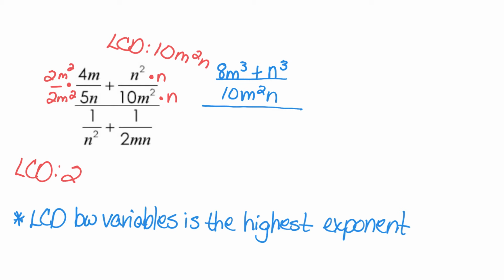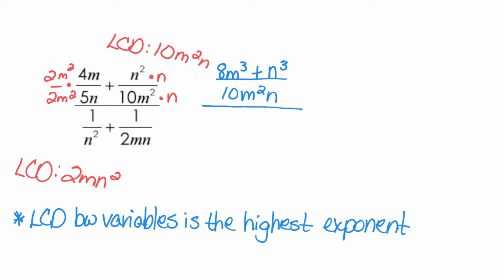So let's write that down. And then the highest exponent between the n's, we've got n squared and n. So the highest exponent is going to be n squared. So then that's going to be my least common denominator. So now I got to figure out, okay, what am I going to multiply to get 2m n squared if I've got n squared here?